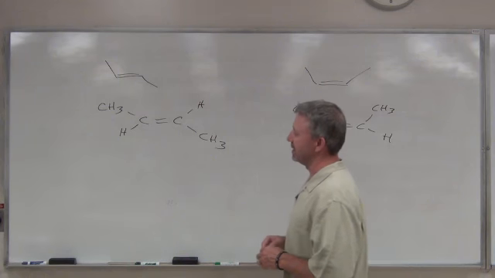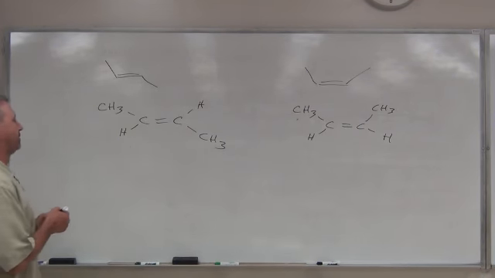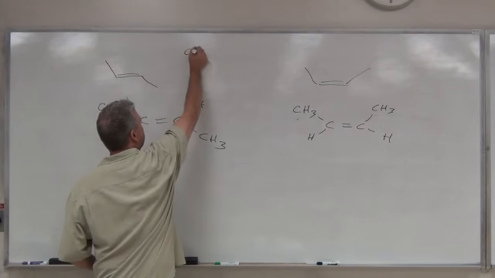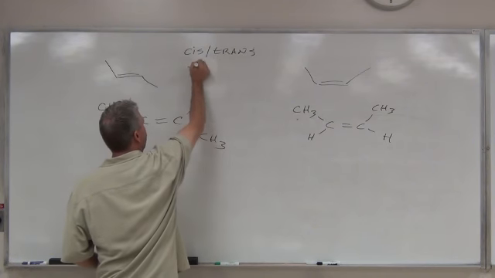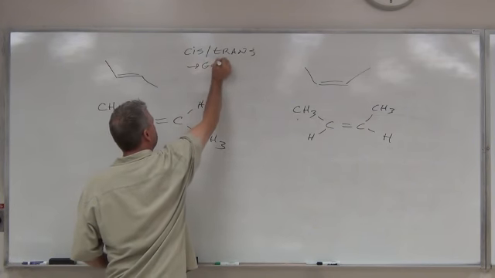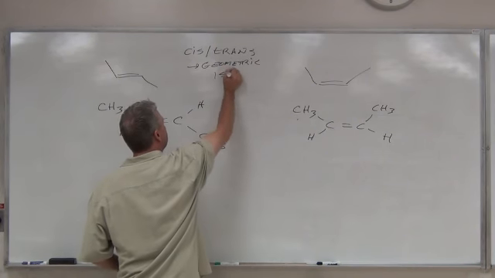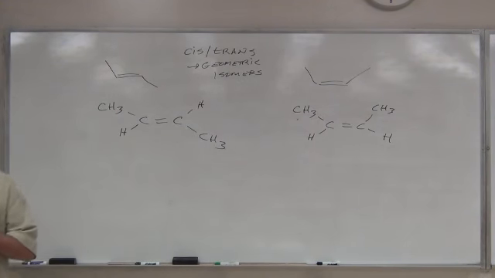That's what we call cis and trans. Geometric isomers. So if you see cis and trans, these are geometric isomers. They have the same formula, i.e. isomers, but different geometries. Geometric isomers.